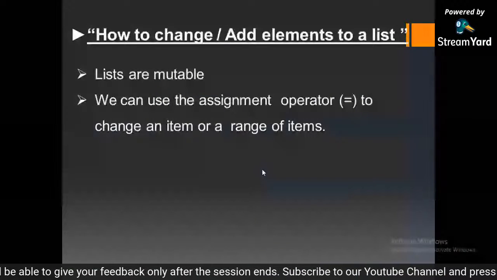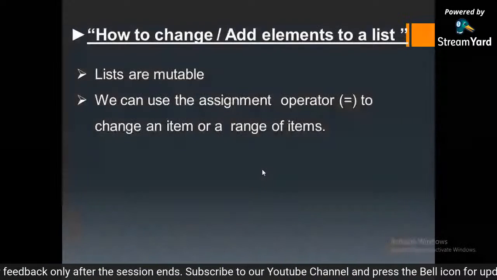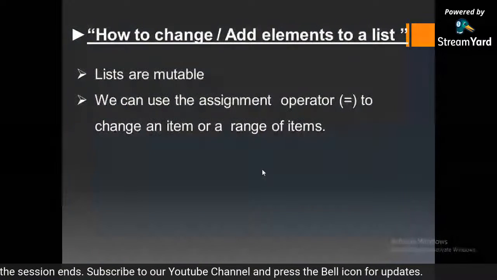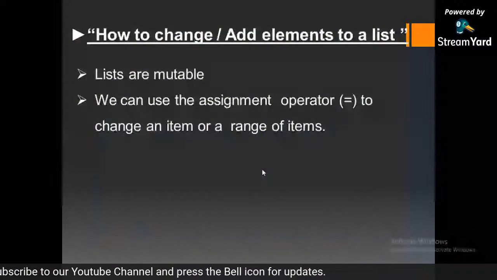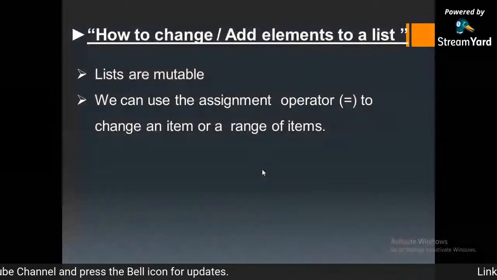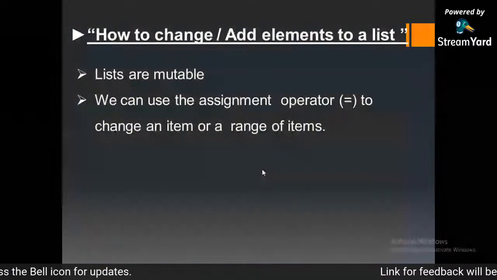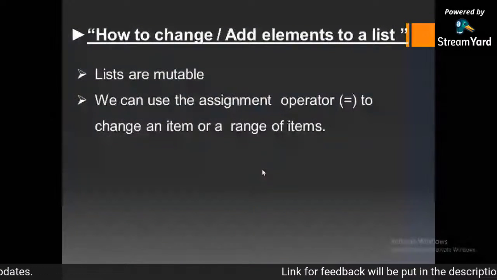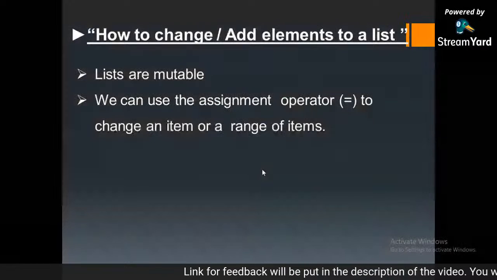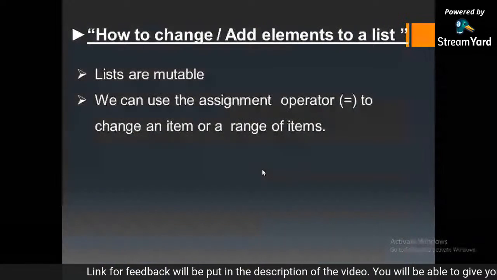Since lists are mutable, in the sense we can change the values of a list even after it is created, we can say we can modify the list. So we can use the assignment operator equals to change an item or a range of items.